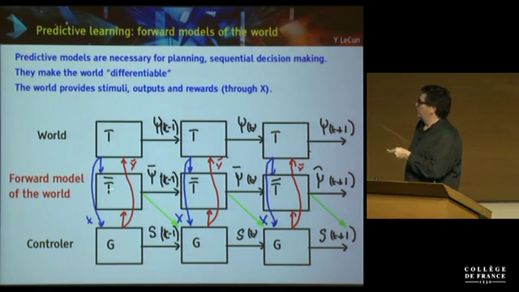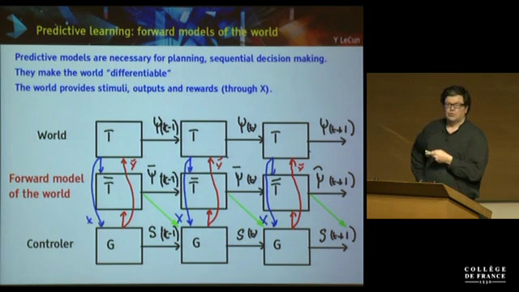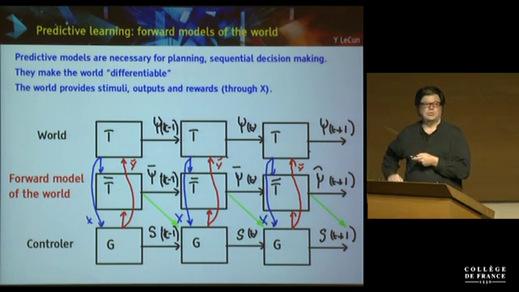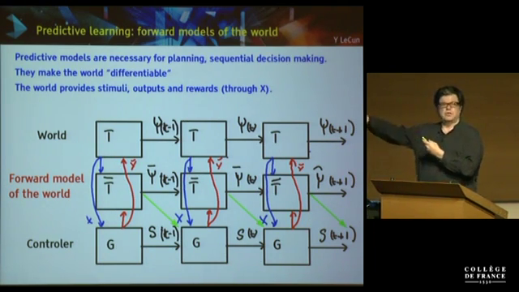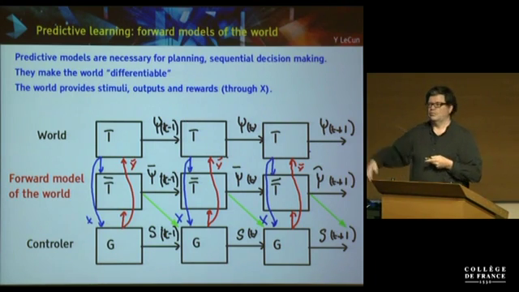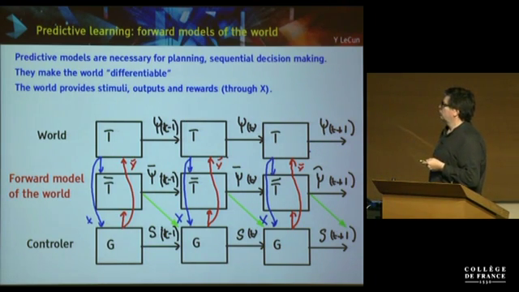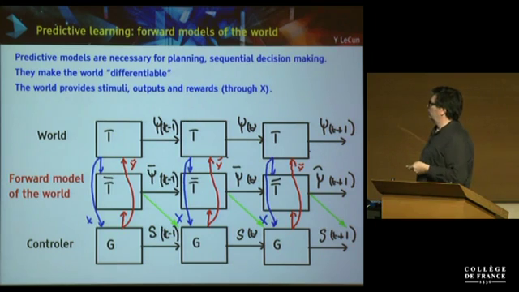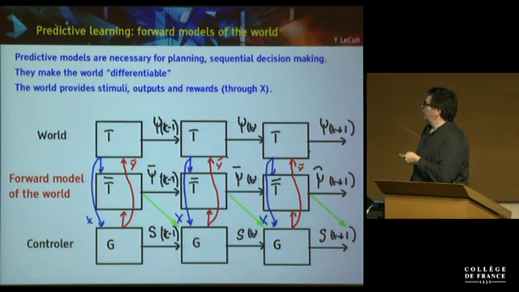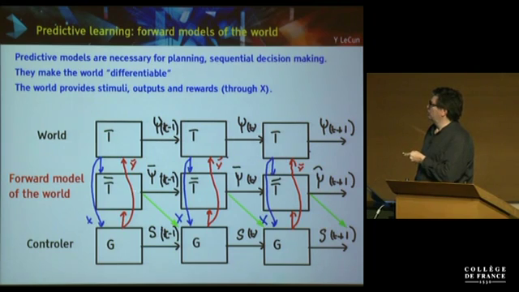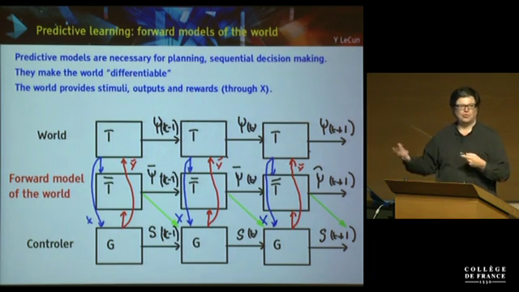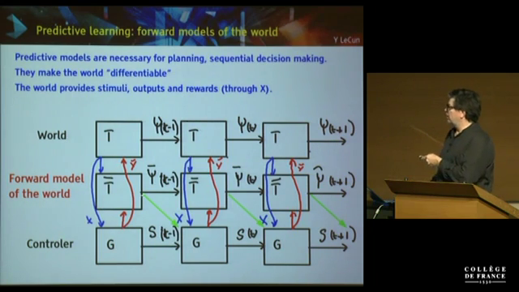A more complex situation is a sort of complete forward model of the world for planning. This is a standard model in optimum control theory, where you have a model of the system to be controlled, and you can calculate a series of actions that will take the system to a given state. So we have two problems. One, learning a forward model of the world, and two, teaching a controller that will take the system to the desired state.